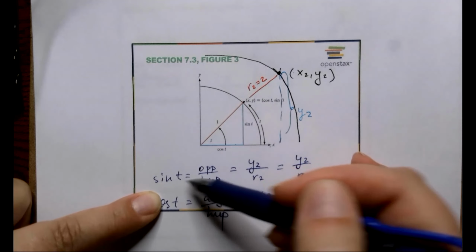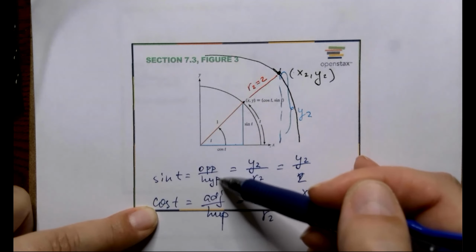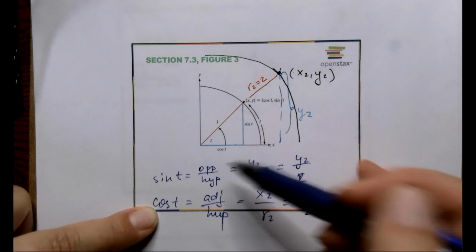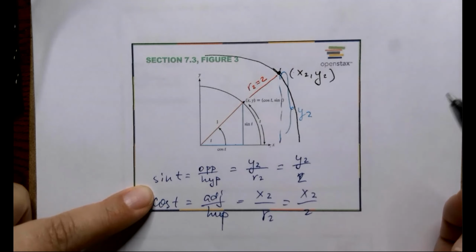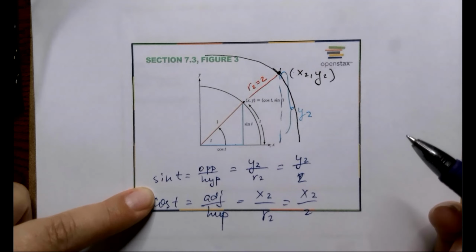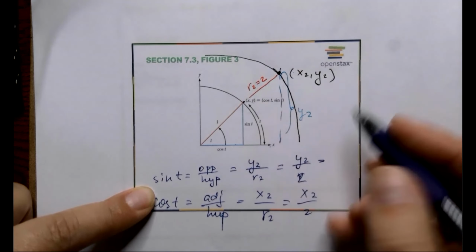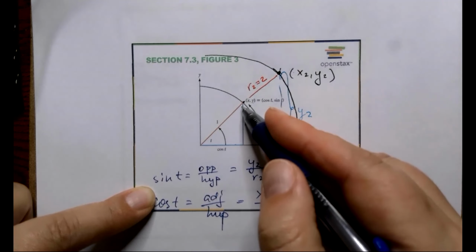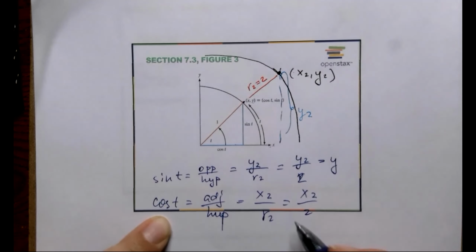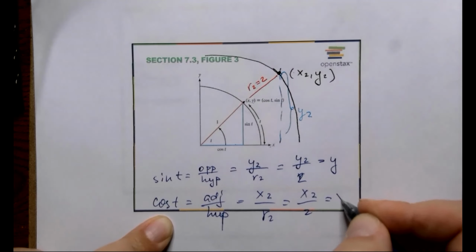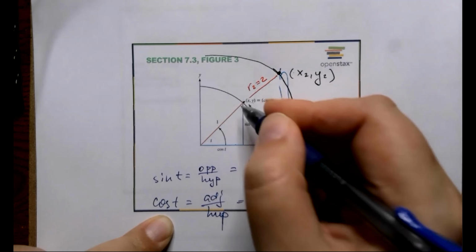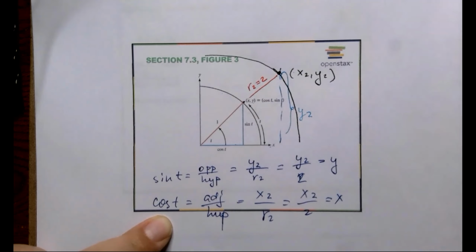So for the sine and cosine functions, since these are proportions, in similar triangles they are the same. So this is going to be the same as this coordinate y on the unit circle. And for the cosine, it's going to be the same as that coordinate x on the unit circle.